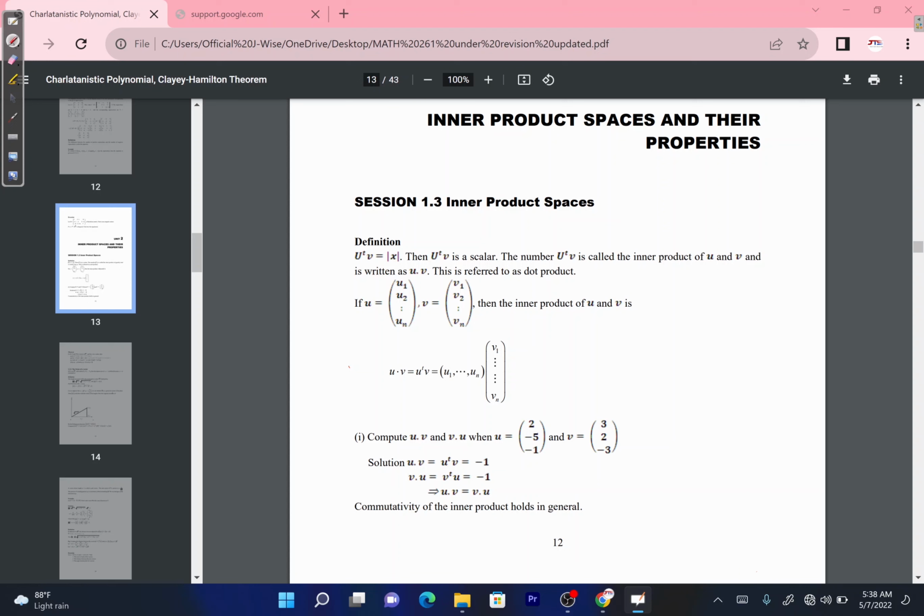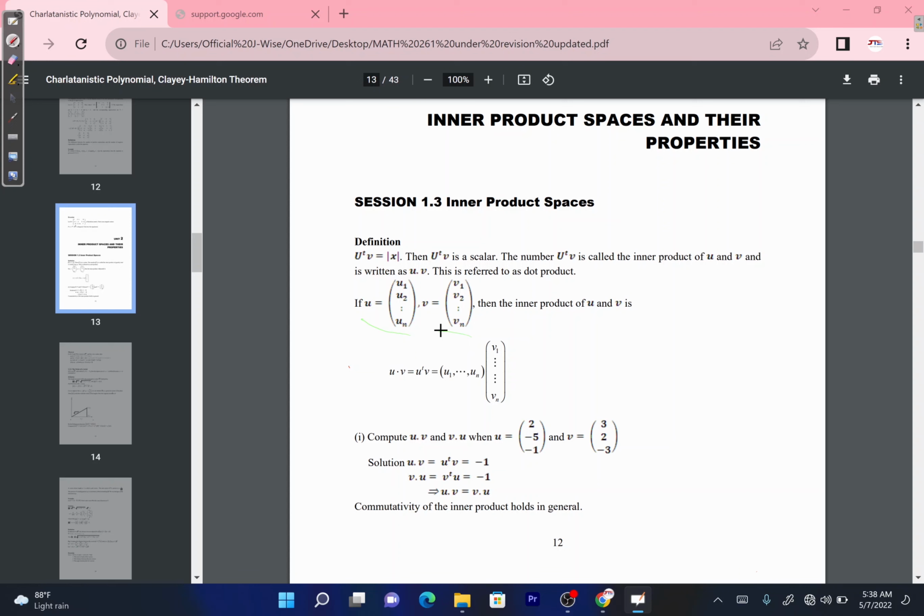That's two vectors of finite dimension. Let our u be u1 up to un, and our v be v1 up to vn.